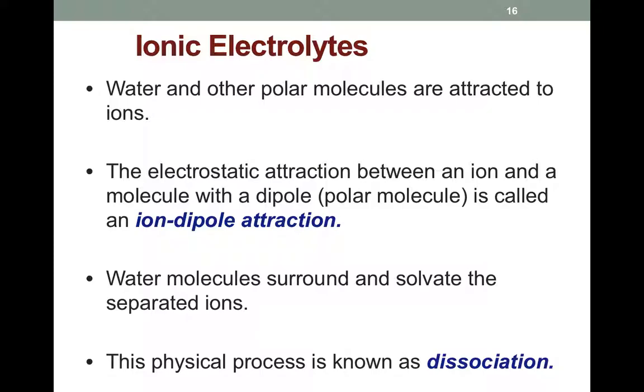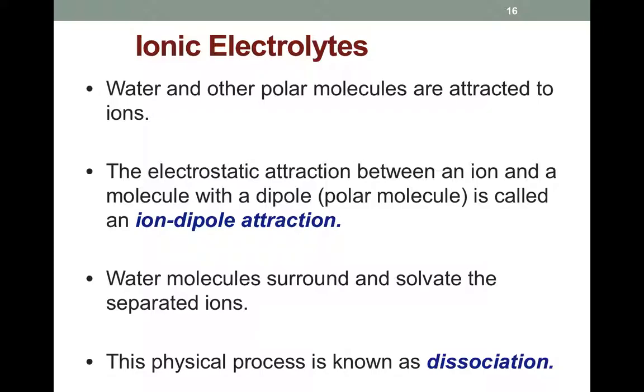And so there is an electrostatic interaction between the ion and the solvent, in this case the molecule of water, which interacts with a dipole on the water molecule. The oxygen would be more negative because it has more electronegativity than the hydrogen.